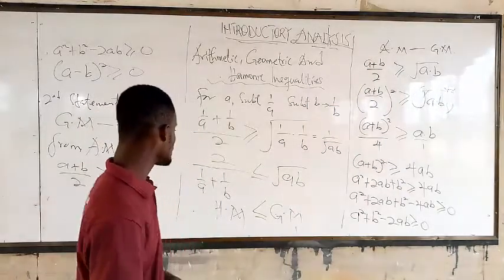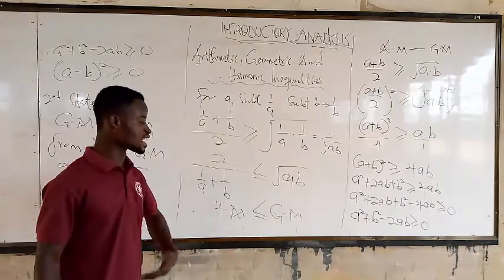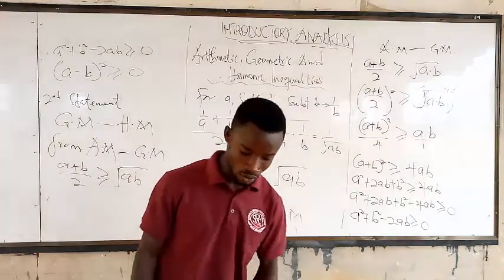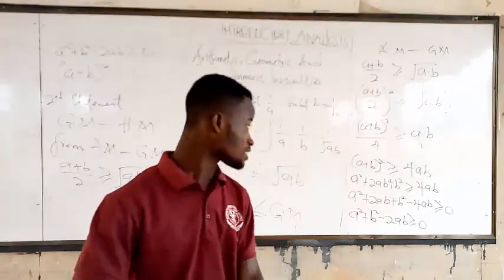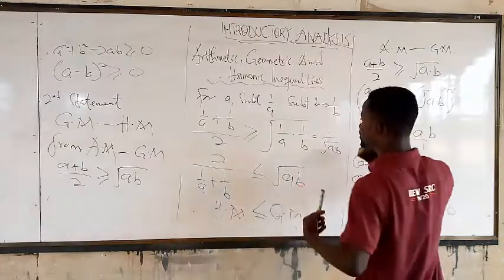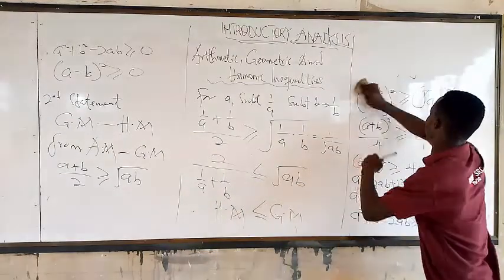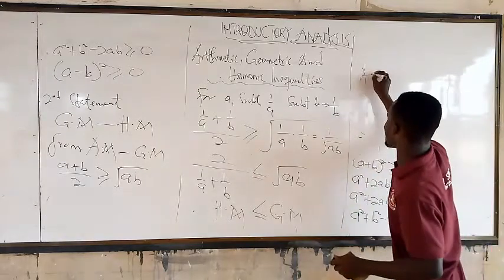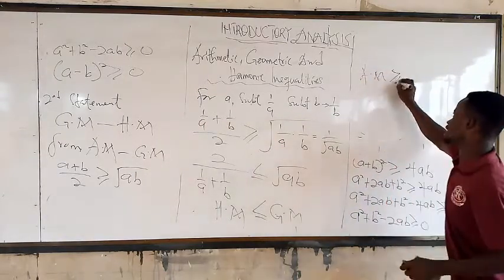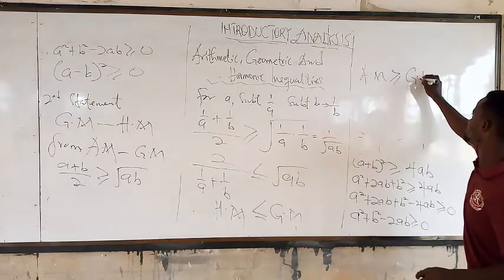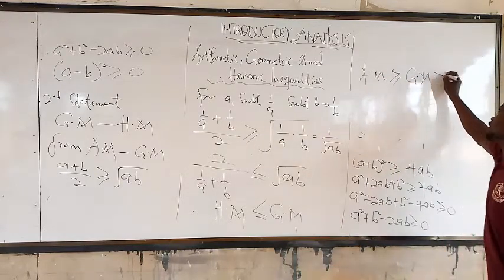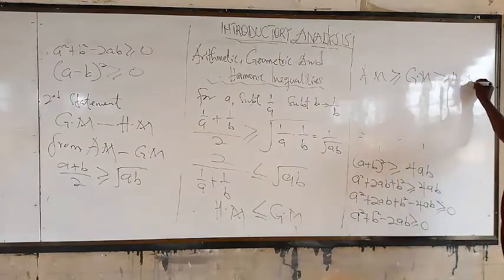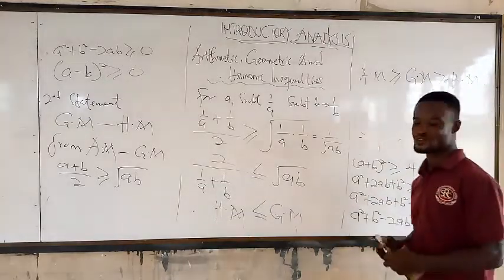In other words, the harmonic mean is less than or equal to the geometric mean. And if that is true, then our statement is true that the arithmetic mean is greater than or equal to the geometric mean, which is greater than or equal to the harmonic mean. So that is what we applied here.